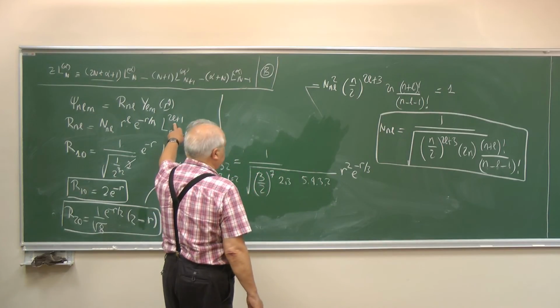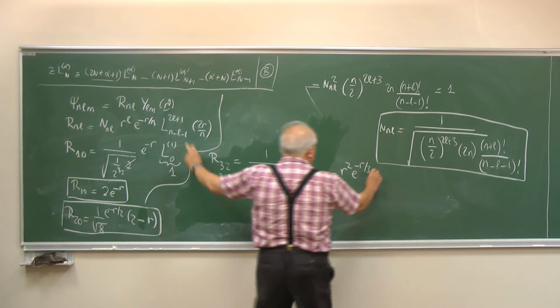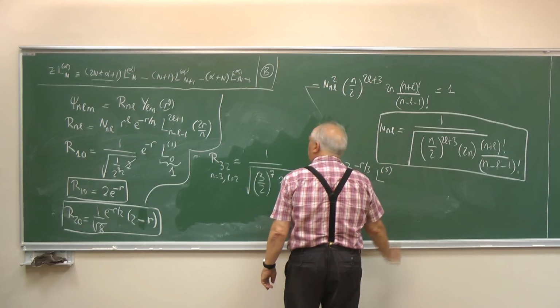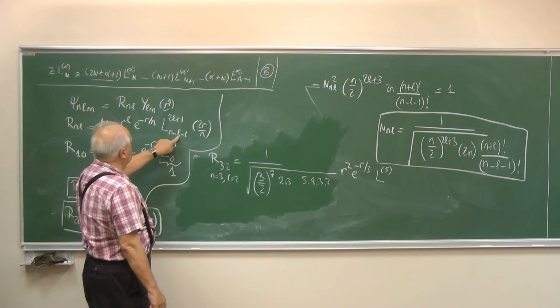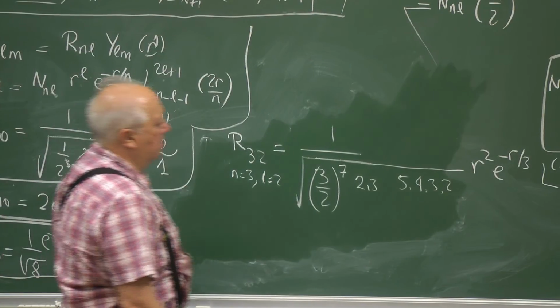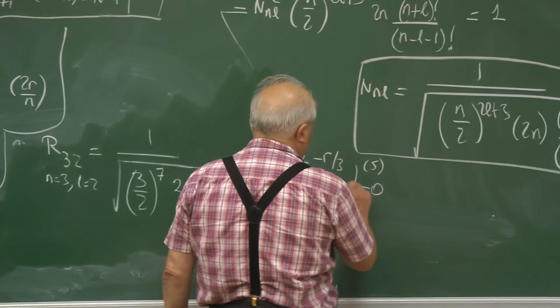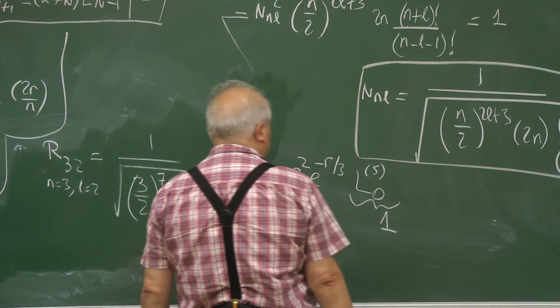L is 2l plus 1, 5. n is 3. 3 minus 2 minus 1. So 3 minus 3, that's 0. But this is 1. This is just 1.